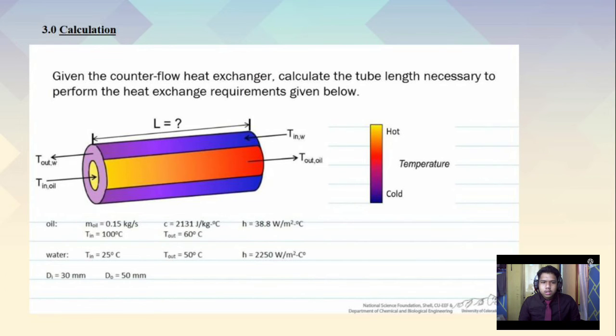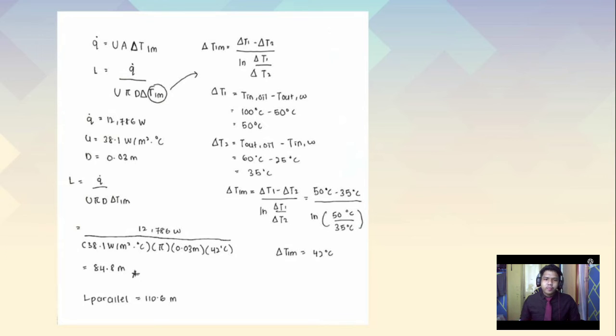So next, kita akan pakai rumus Q equal to U darab A darab perubahan T. Lepas tu yang kita nak cari L, so kita pindahkan L, jadinya Q divide by U pi D perubahan T. So first kita kena cari perubahan T dulu.